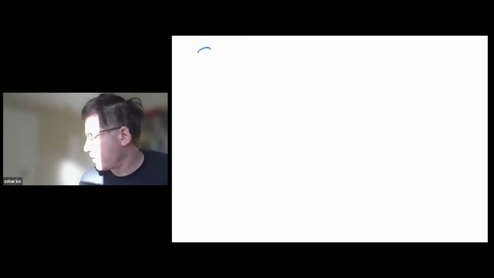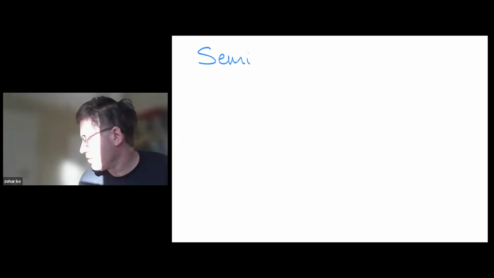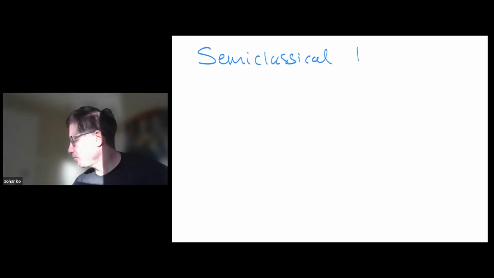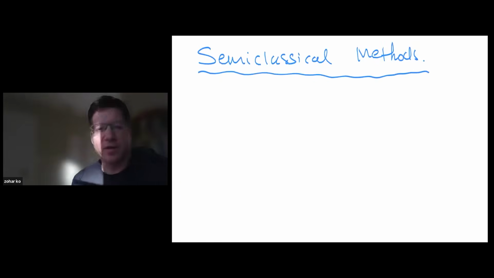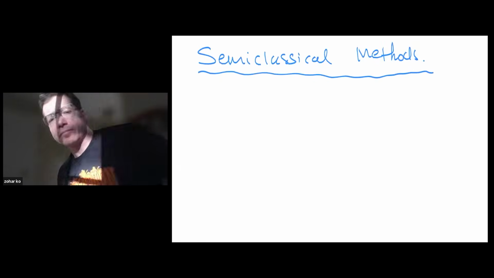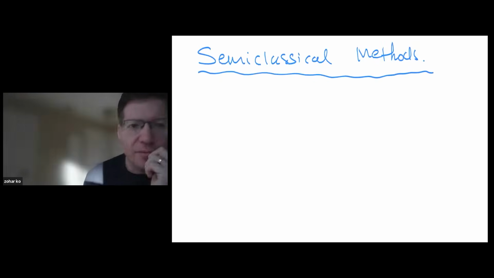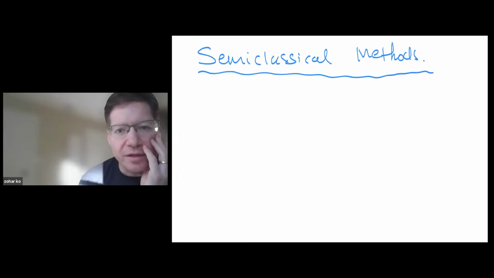All right, so let's get into it. The topic that I'm going to cover is semi-classical techniques, or semi-classical methods. Let me just explain what is the idea of this topic. The idea is that there are many strongly interacting many-body quantum systems.